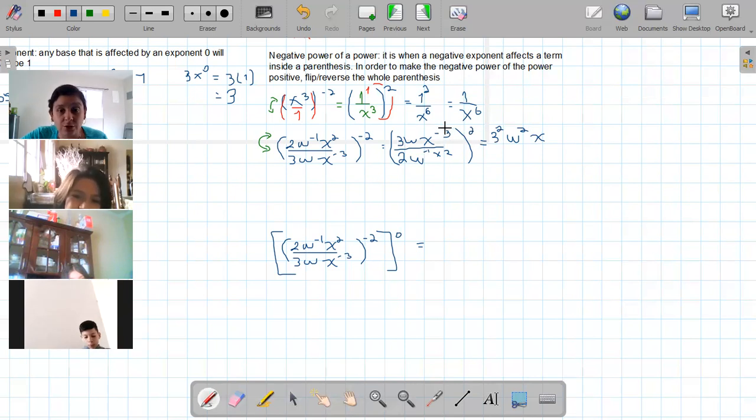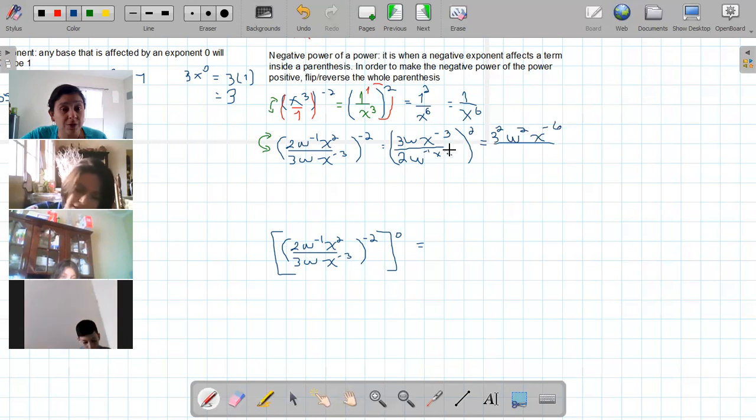No, see what exponent the x has? To the negative 2. And we do power for power, so it would be x to the negative 6, because negative 3 times 2 is negative 6. So x to the negative 6 power.